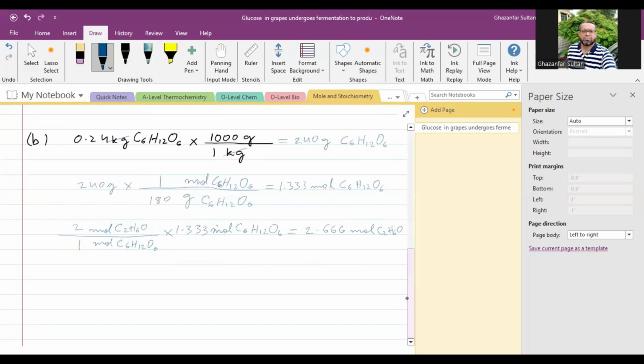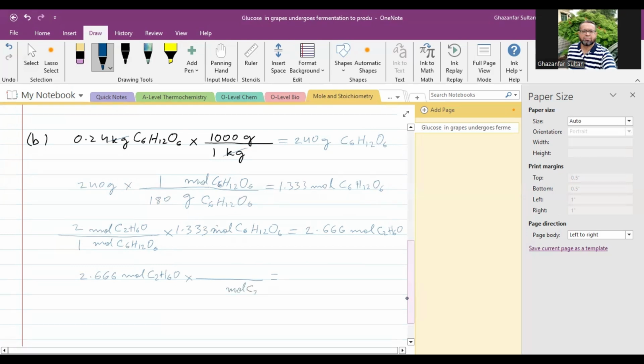So for converting mole into mass, what to do? 2.666 mole of ethanol, C2H6O, multiply by its conversion factor. And in the conversion factor, if mole is there, so mole would be here also.